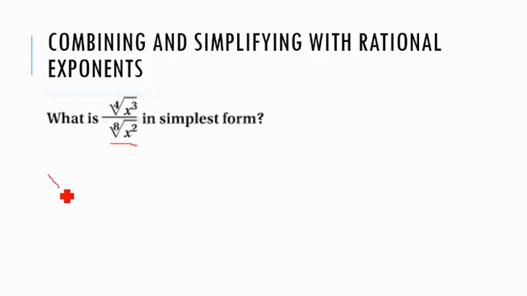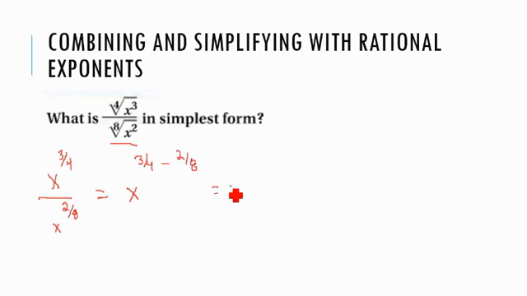So what I'm going to do is I'm going to write this expression in rational form. So x to the 3/4. Remember, my root is the denominator of the exponent. So x over x to the 2/8. Now, one of my rational exponent properties says that if I have x to a certain number n divided by x to a certain number m, then I can rewrite that as x to the n minus m, or x to the 3/4 minus 2/8.